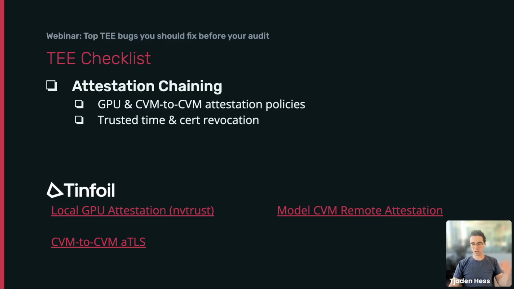So then, Jules already talked about CVM to CVM attested TLS, right? In this system, they use TLS between the CVMs, even though they sometimes use HPKE to the client. That is nice.